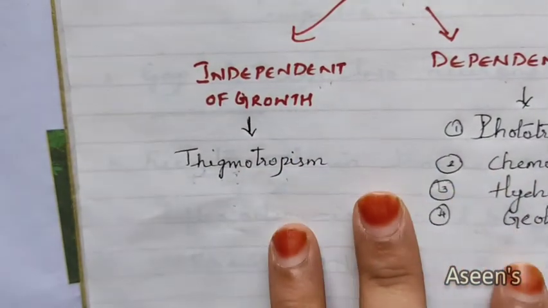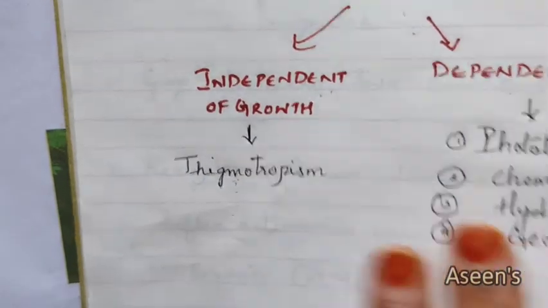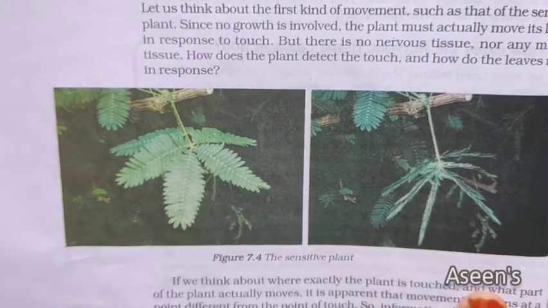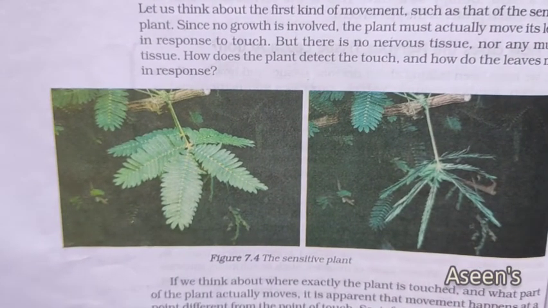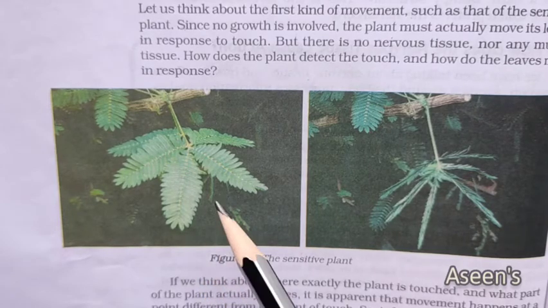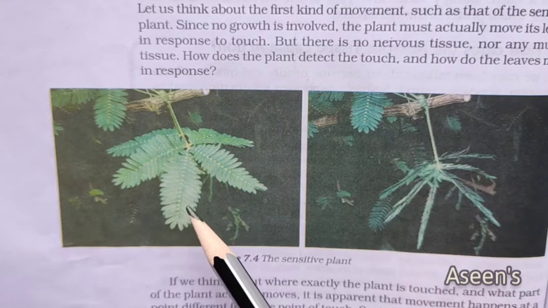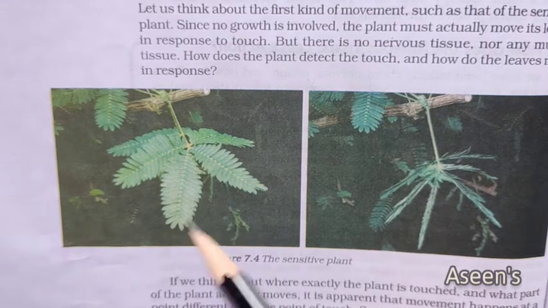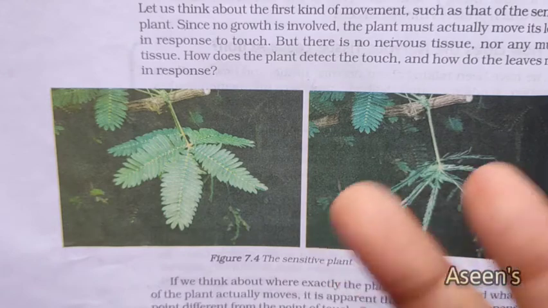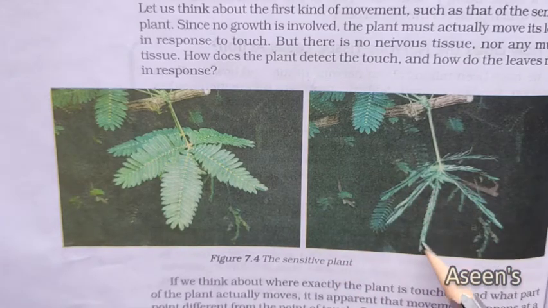The best example here is Mimosa pudica or the touch-me-not plant. I believe each one of us has experienced this. Whenever you touch the leaves of the touch-me-not plant, or Mimosa pudica, the scientific name, they are going to close up, they are going to droop in such a manner, right?